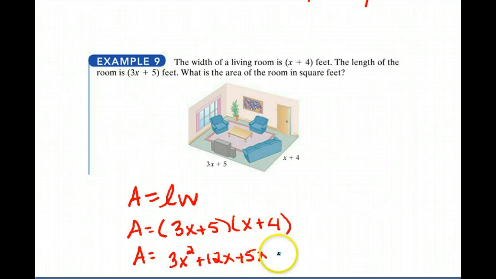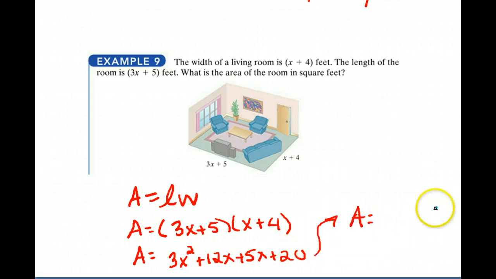And the lasts are 5 times 4, which gives us 20. Combining like terms, we will see that the area for this room can be represented by the expression 3x squared plus 17x plus 20 square feet.